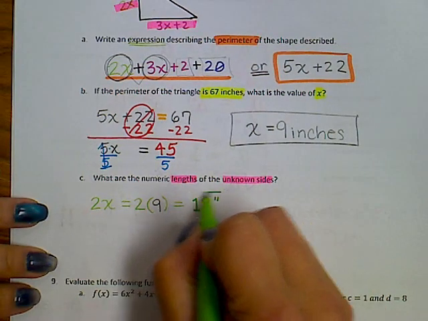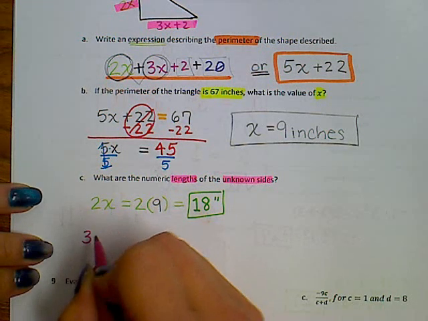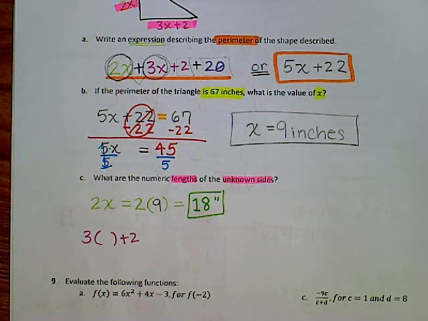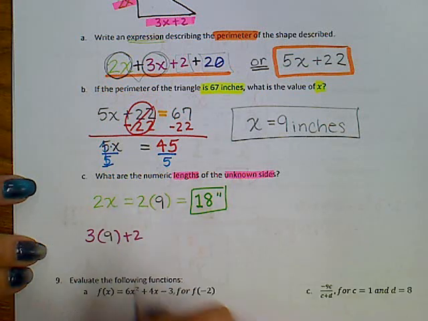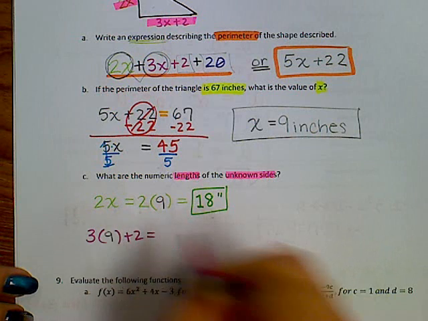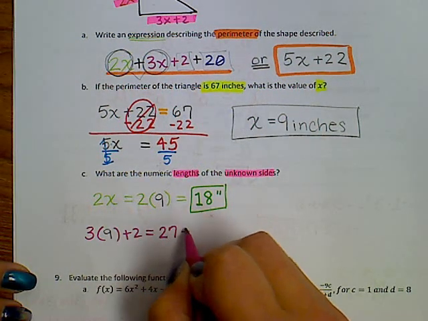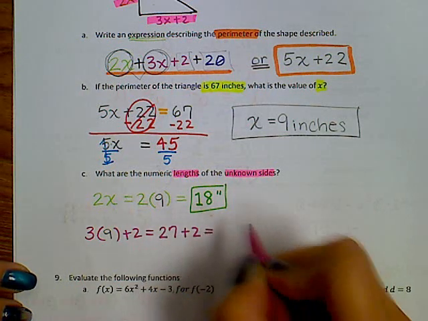Okay. Now my second length would be 3x, which we already know is, again, 9 inches. So that would leave me with 3 times 9. Man, we're seeing that a lot today. That's 27, and then plus 2, 27, 28, 29 inches.